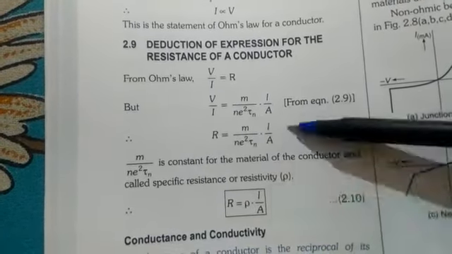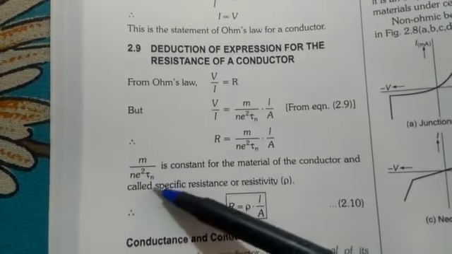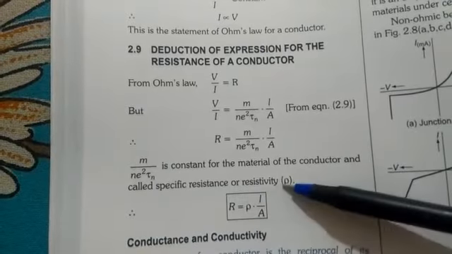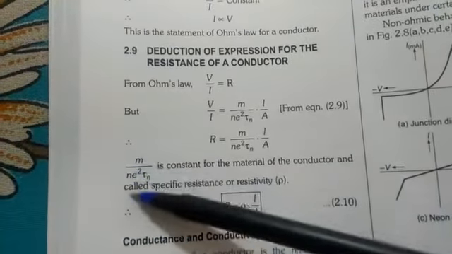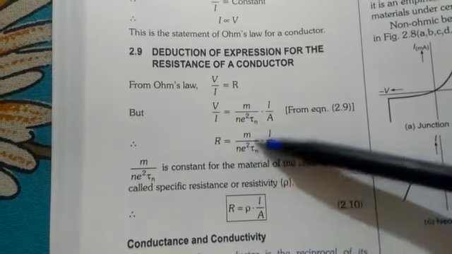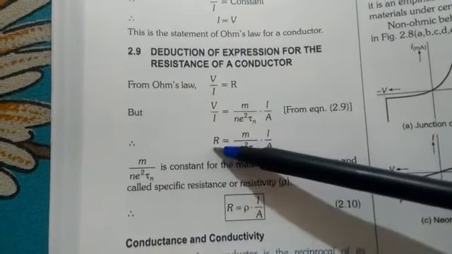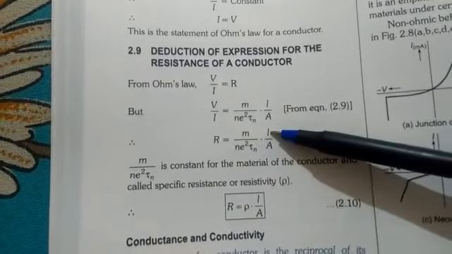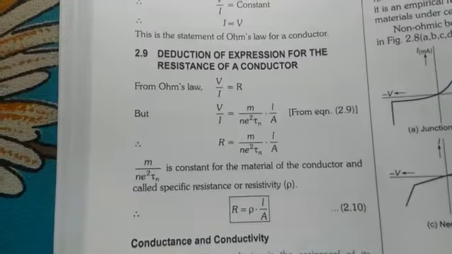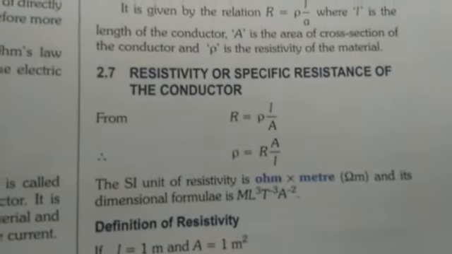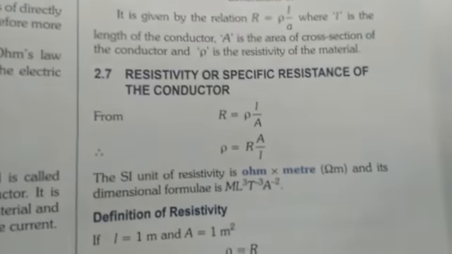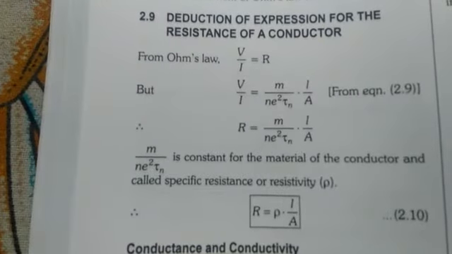Now m upon n e square tau n is constant for the material of the conductor and is called specific resistance. Why is this called specific resistance? See, R equals this thing into L upon A. Now R depends on L and A, and one more formula we derived yesterday, that R equals rho into L upon A, where rho is constant.